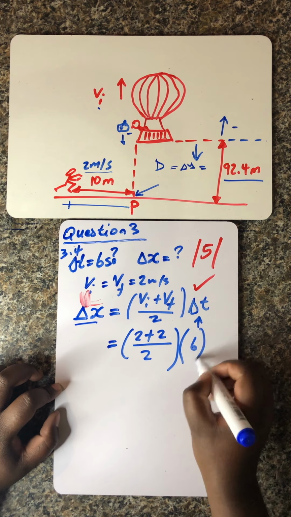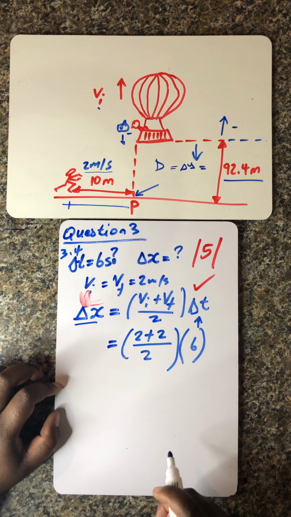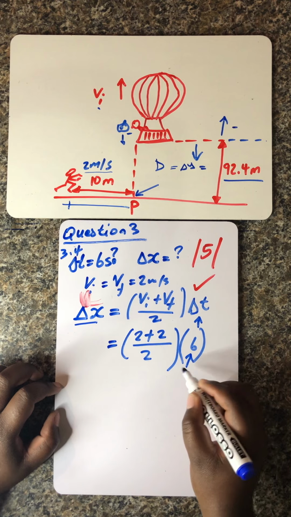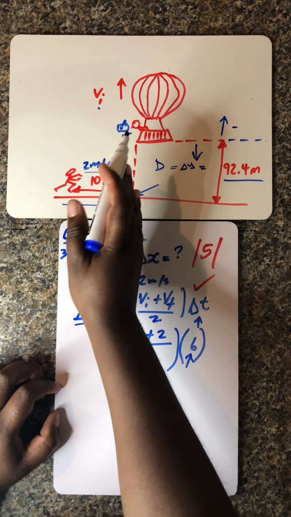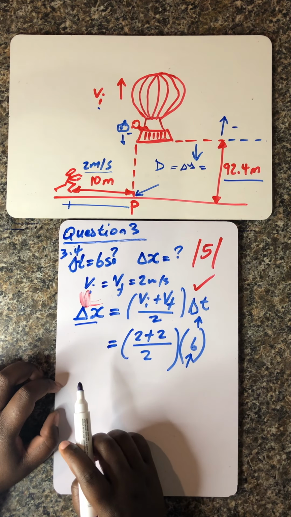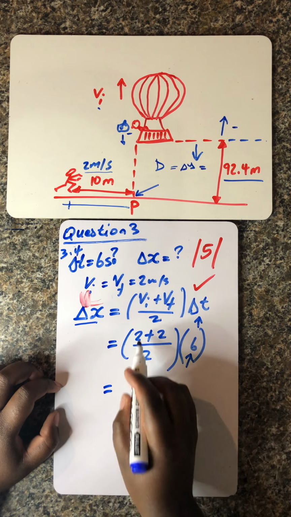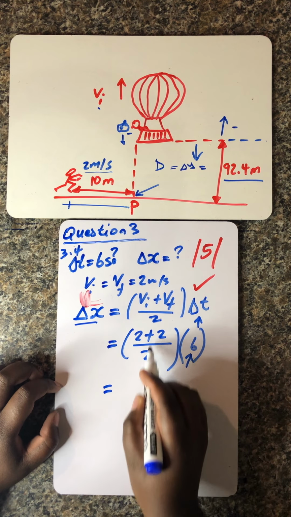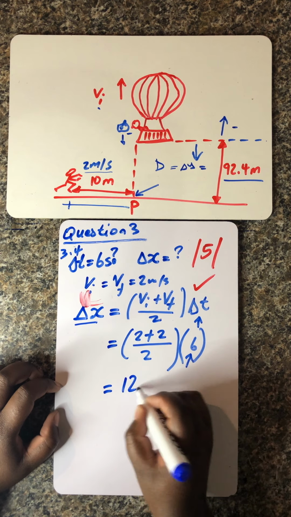You divide by 2, you use that 6 seconds. So you want to actually see if by those 6 seconds he will still be before that point P or after that point P. Okay, so ladies and gentlemen, this plus that is 4 divided by 2 is 2. 2 times 6 is equals to 12.